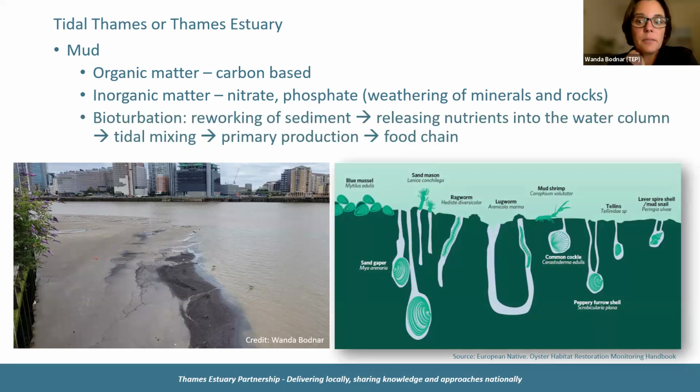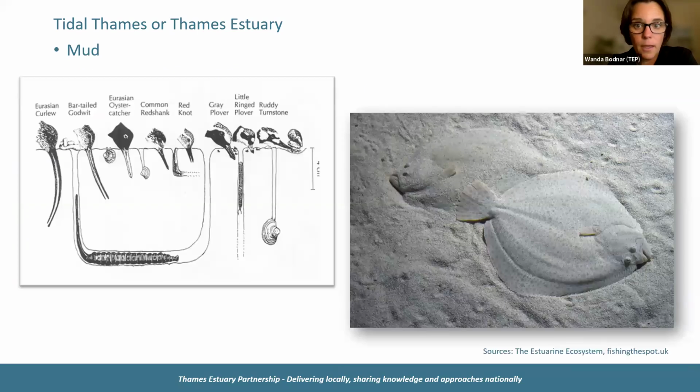These species have an important role in the functioning of the ecosystem because with their burrowing activities, they rework the muddy riverbed, which will release nutrients into the water column, which will be further mixed by the tides, aiding primary production. And further up the food chain, as nursery and feeding grounds, mudflats also support various bird and fish species.